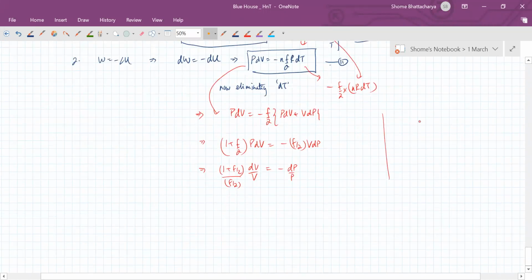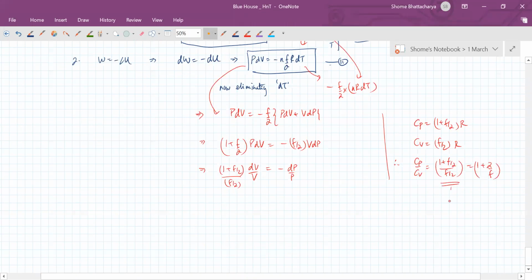Now you can see that Cp is equal to 1 plus f by 2 R and Cv is equal to f by 2 R. Therefore, Cp by Cv is 1 plus f by 2 upon f by 2, or 1 plus 2 by f.